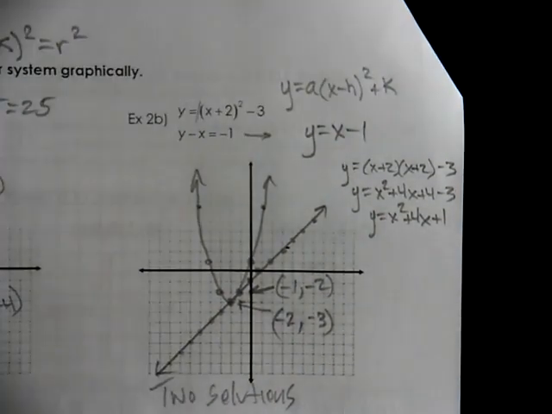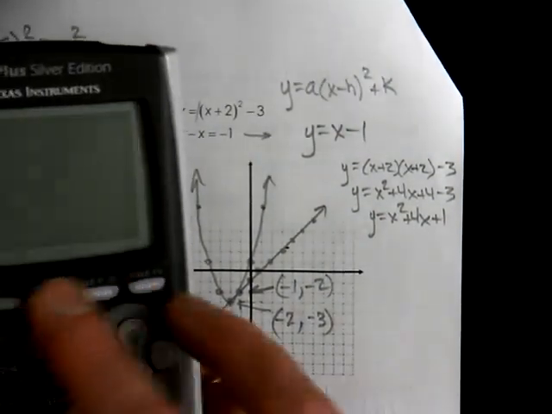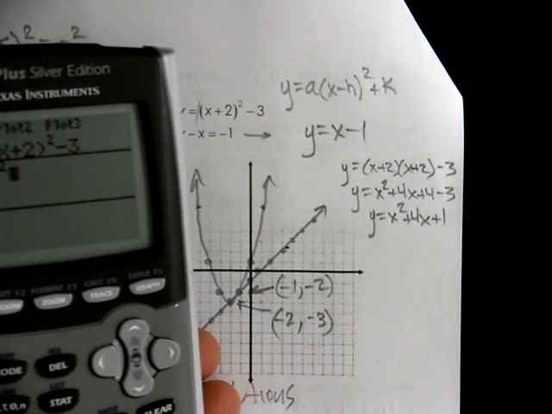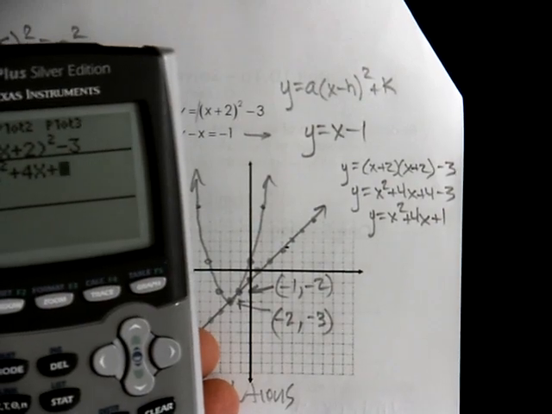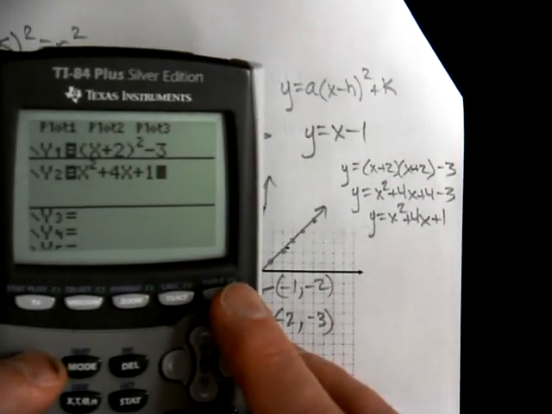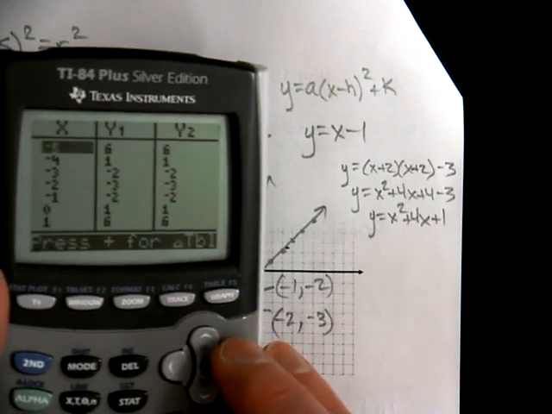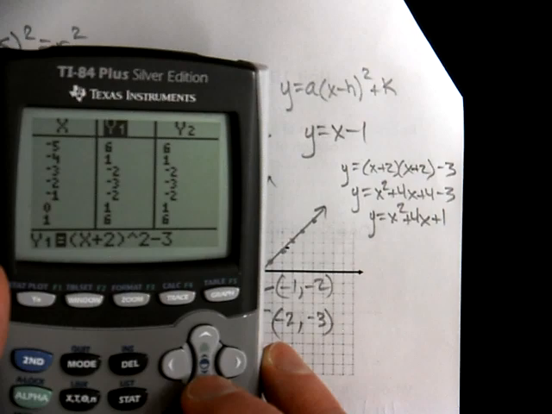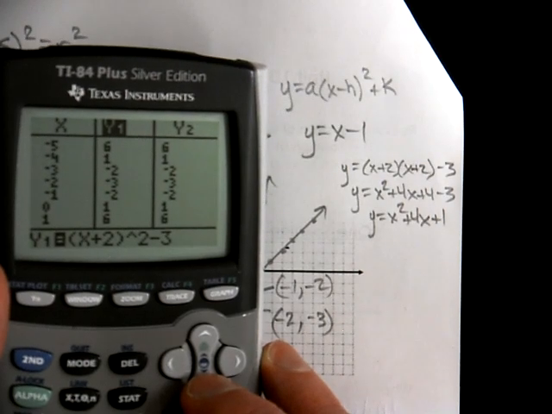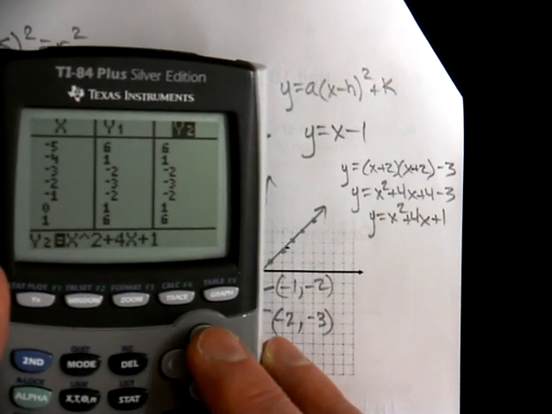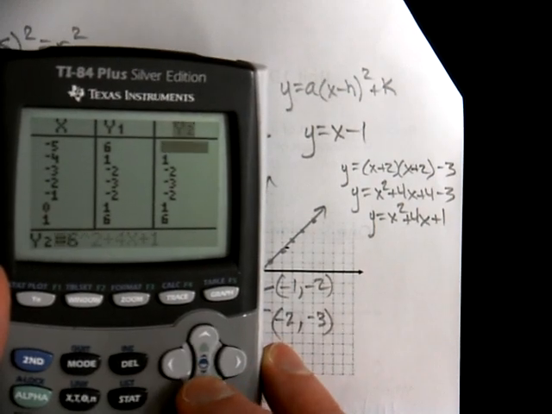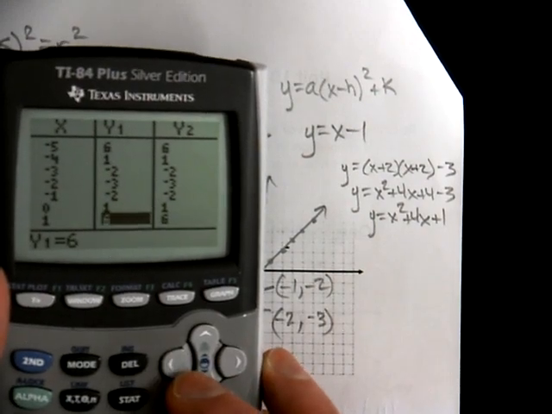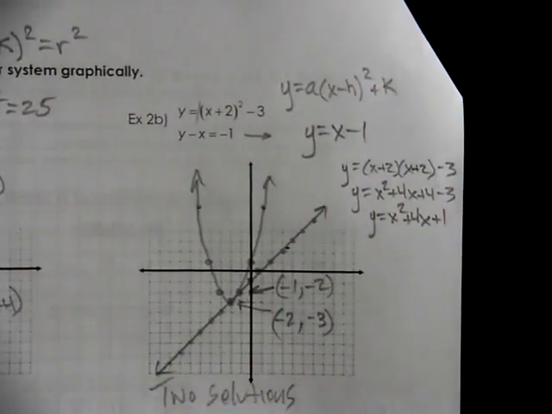I can test that out again in your graphing calculator. If I type that out, x squared plus 4x plus 1, my table should be the same for both y1 and y2. That's telling me that that equation, x plus 2 squared minus 3, and x squared plus 4x plus 1, they are the same thing. You get the same y value every time. When x changes, you get the same y. So those are the same equations.